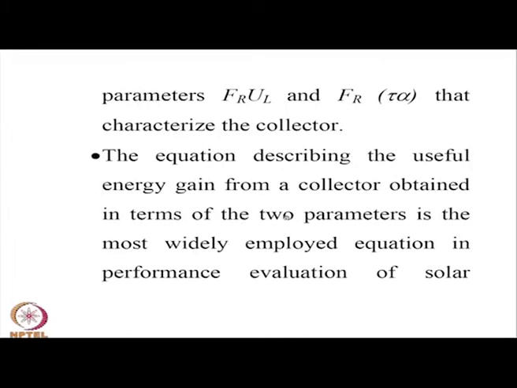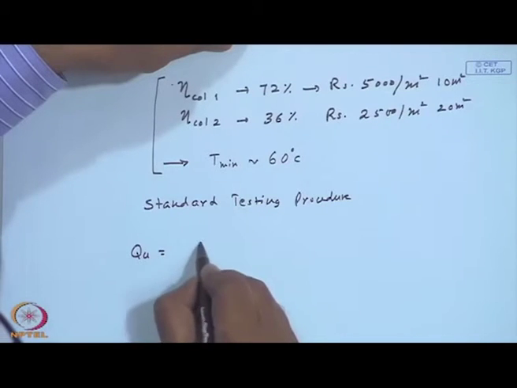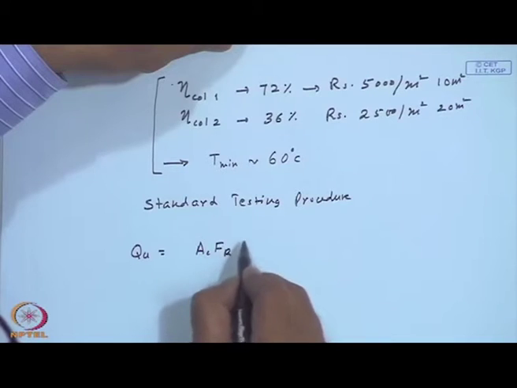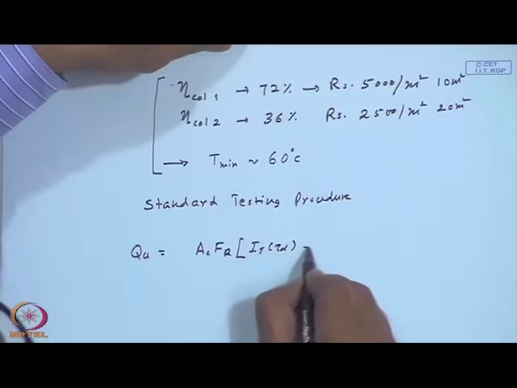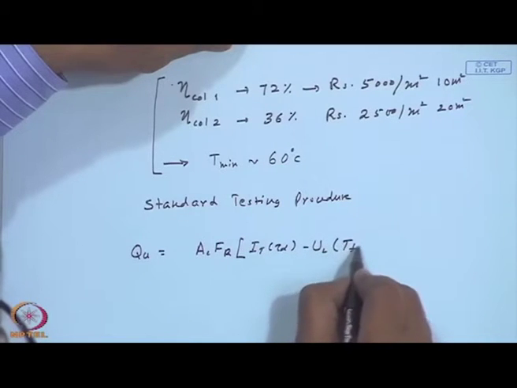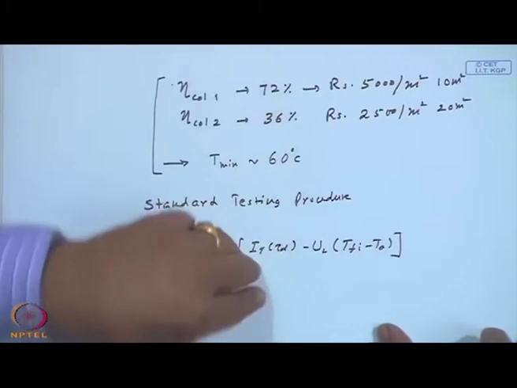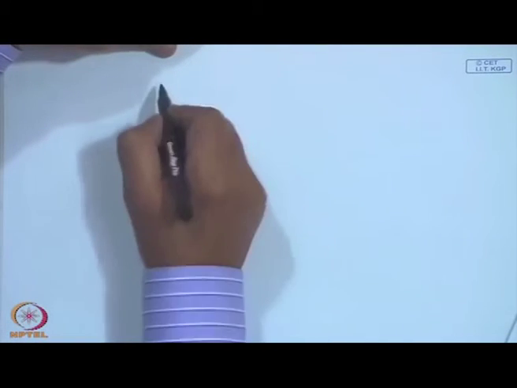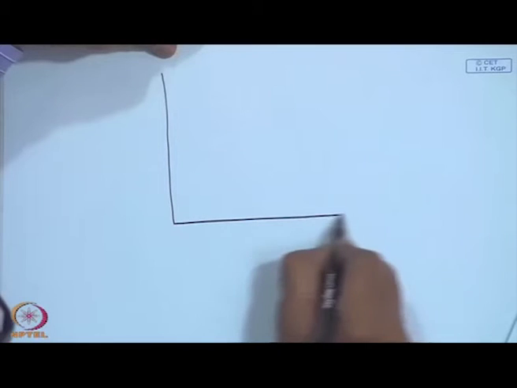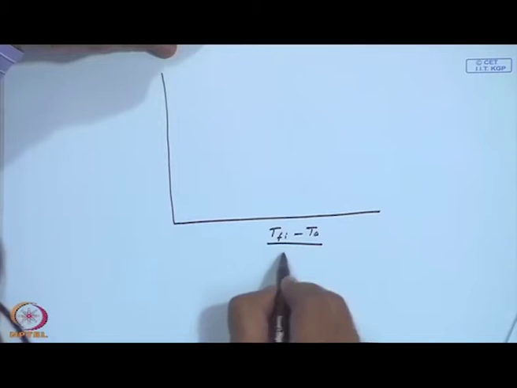So, now you will find that Q u is A c F r into I t tau alpha minus U L into T f i minus T a, and we have determined from the efficiency equation by T f i minus T a by I t versus efficiency, one line.